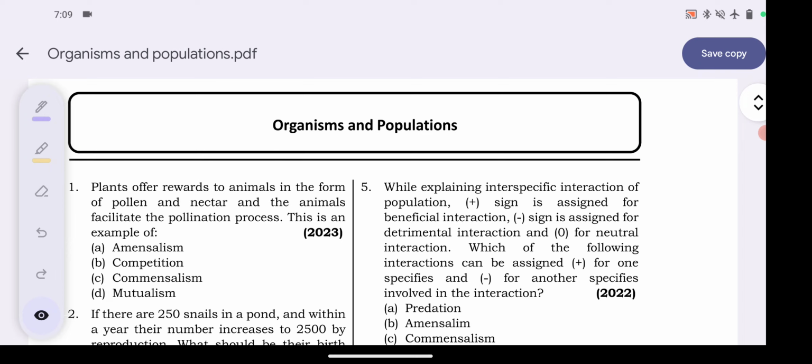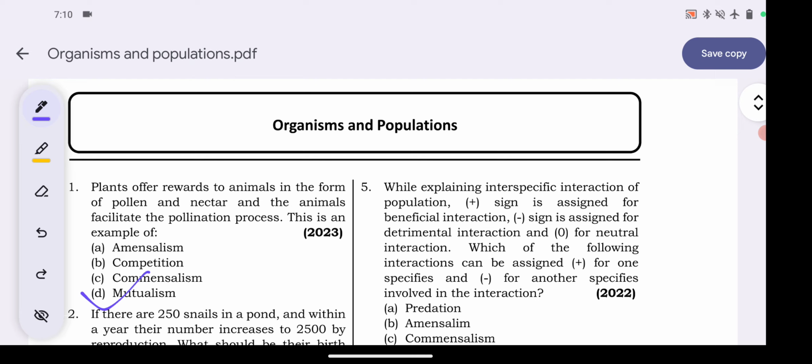Plants offer rewards to animals in the form of pollen and nectar, and the animals facilitate the pollination process. This is an example of option A amensalism, option B competition, option C commensalism, and option D mutualism. So here the answer will be option D mutualism.